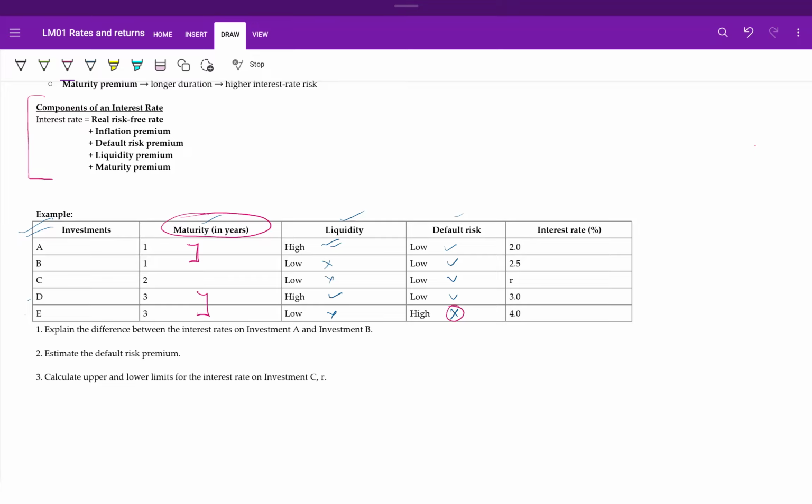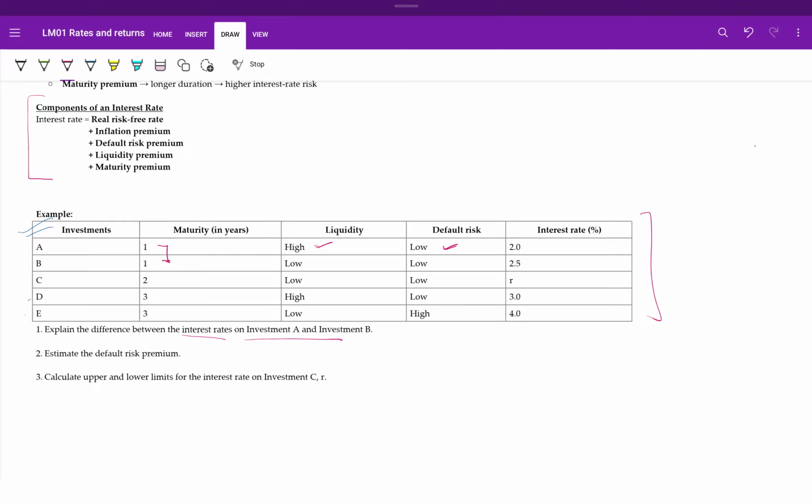So the first question here that we actually have to answer based on this table is the difference between interest rates on investment A and B. If we look at the table carefully, we will see that the difference is because of high liquidity and low liquidity, because the time horizon is same, the maturity premium is same for both of these.